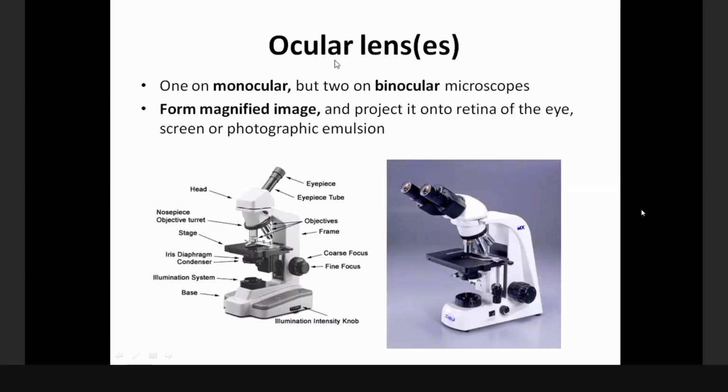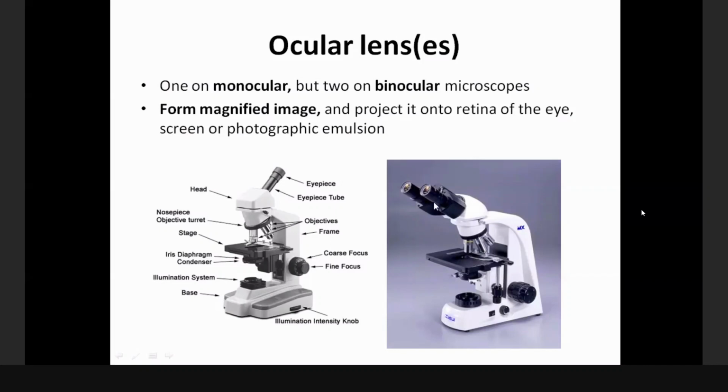The next lens is named the ocular lens. This can come as one in a monocular microscope or as two in a binocular microscope. Modern light microscopes are all binocular, so this type of microscope is what you are going to have.